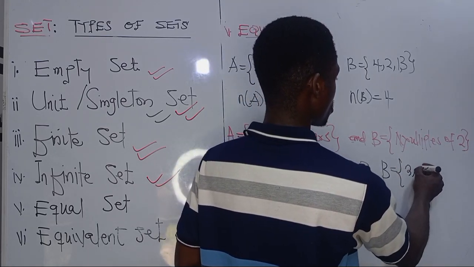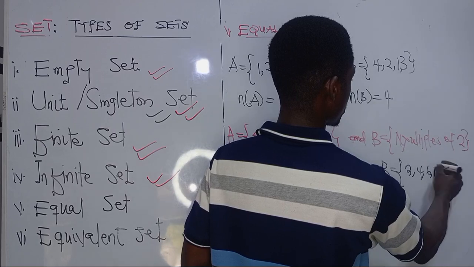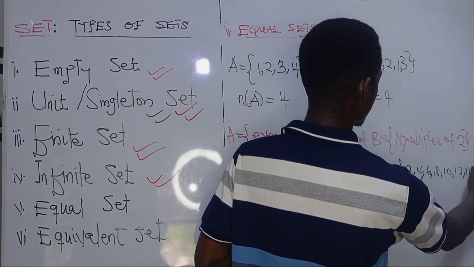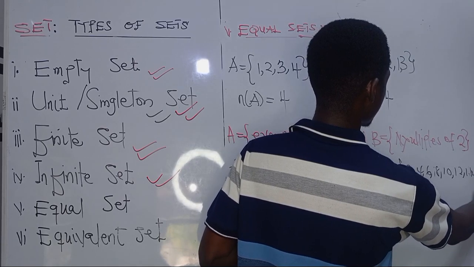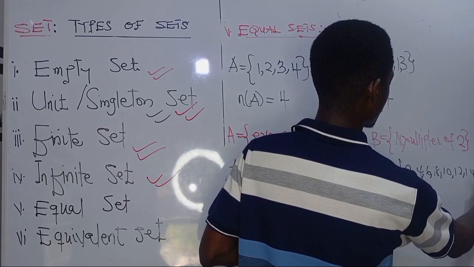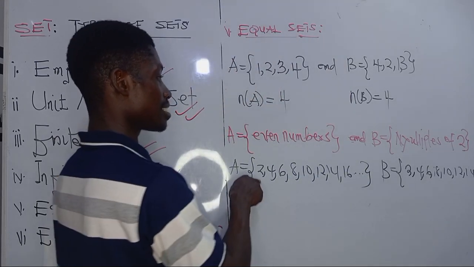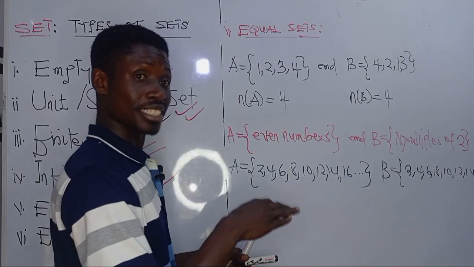We have 2, 4, 6, 8, 10, 12, 14, 16, up to infinity. So realize that the elements in set A and set B are the same.